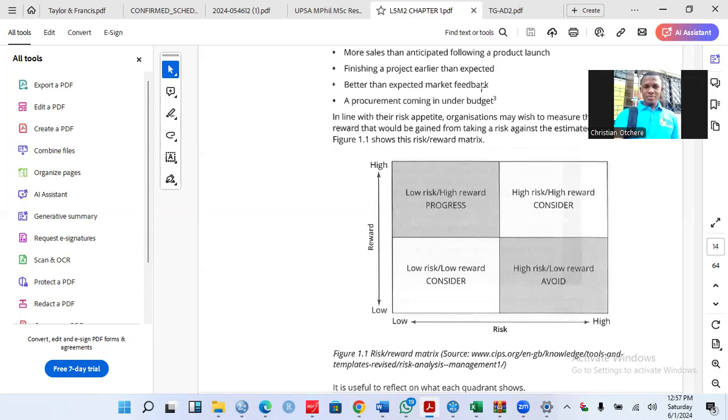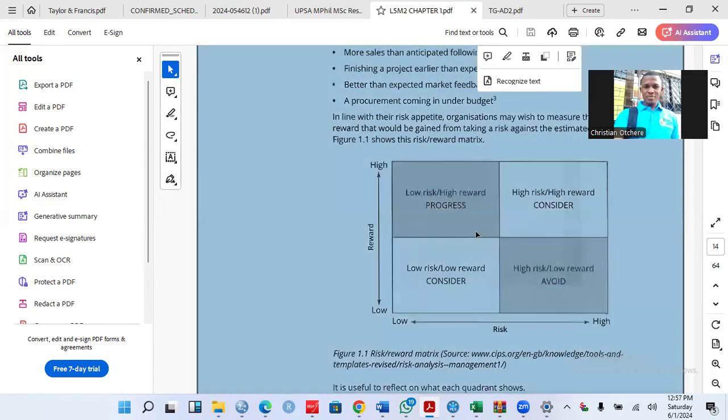Okay. Then low risk, high reward. Low risk, high reward. Wow. So if you can go into collaboration with a supplier, if you can collaborate with another supplier with whom you are compatible, you are quality oriented, and the supplier is also quality oriented.